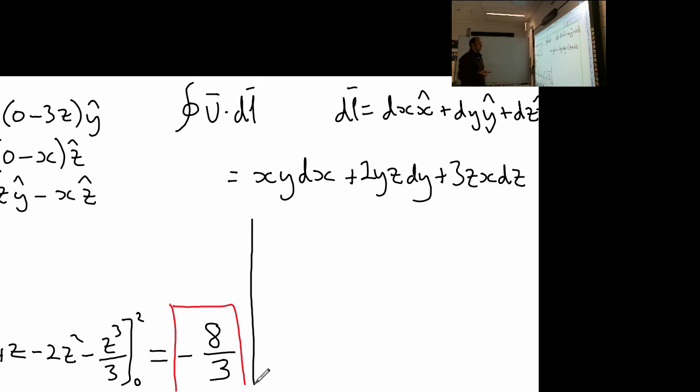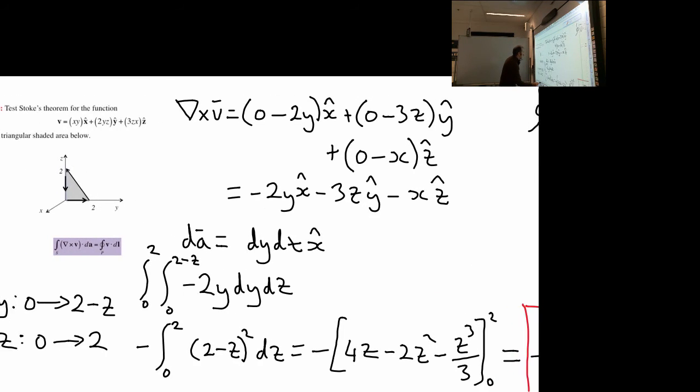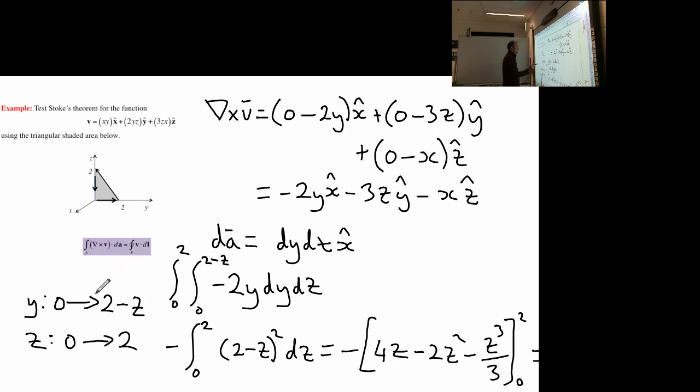Now we have to consider three paths here. The first path that we're going to take is going to go from the origin out to y equal to 2, so this is our first one. The second path is going to be back from the y axis to the z axis, that's the second path, and the third will go from z equal to 2 to z equal to 0.